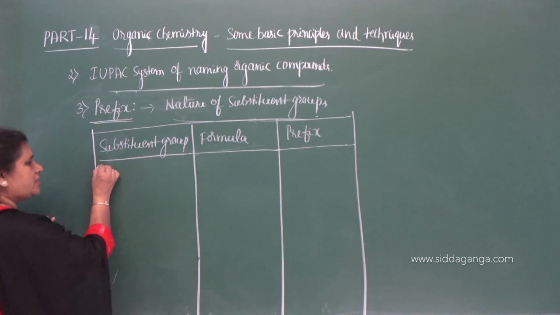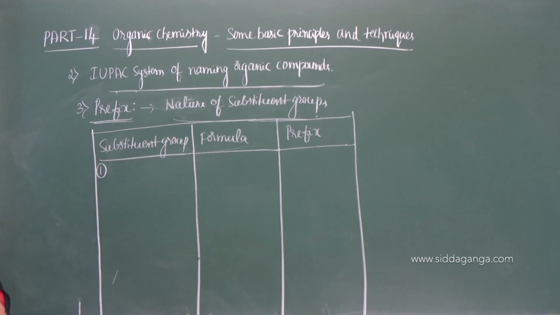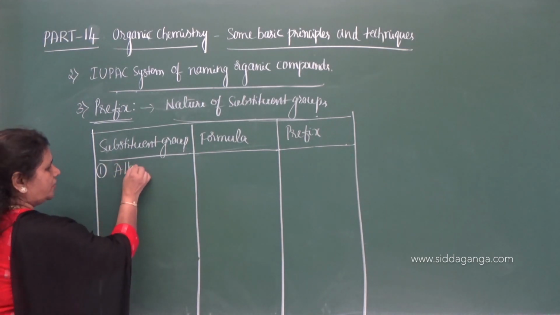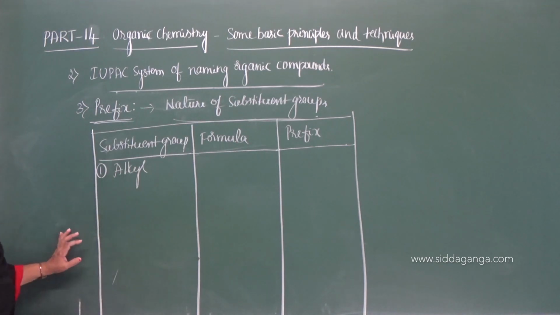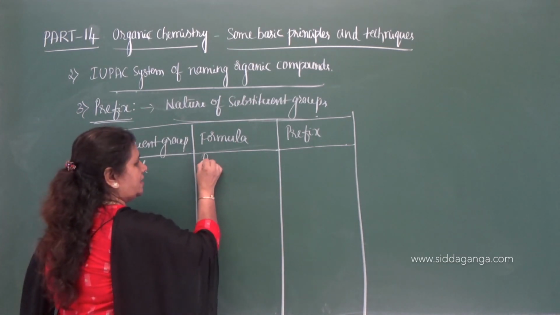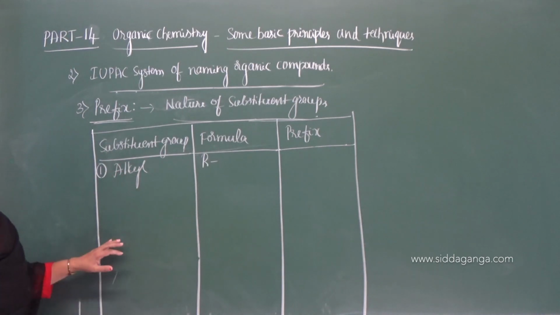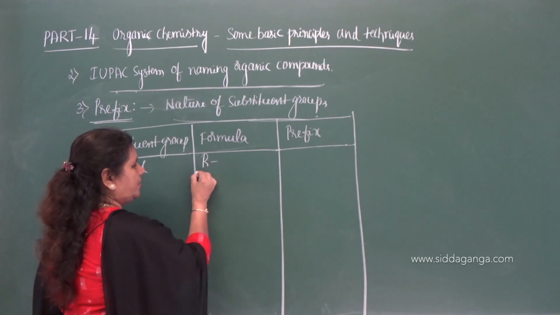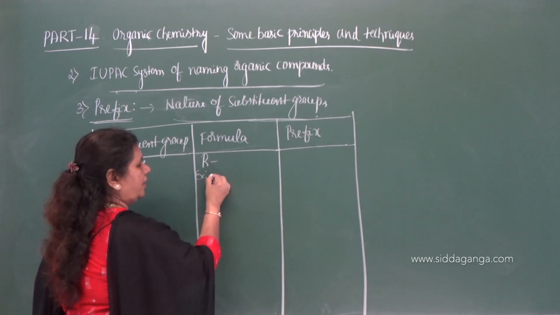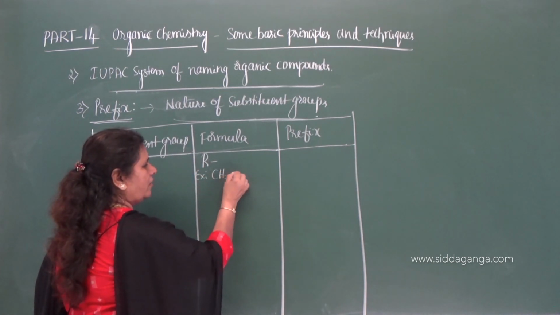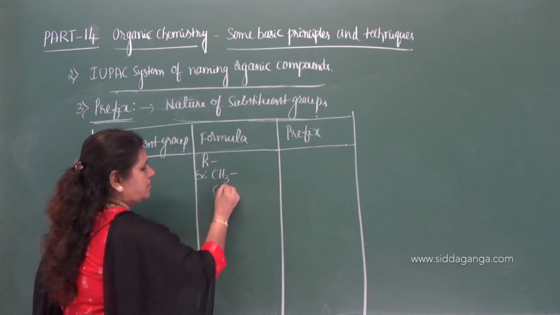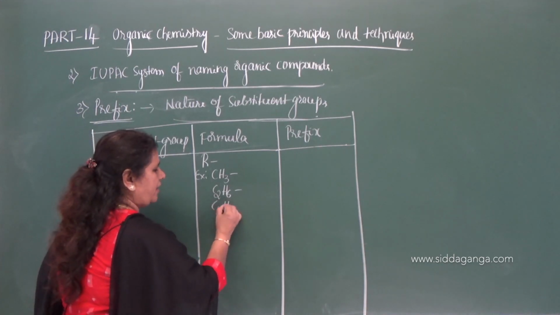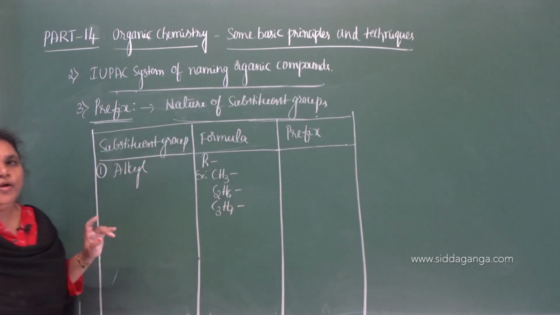So, the first substituent group, a very important substituent group, is the alkyl substituent group, and it is represented by R, capital R. So, the alkyl substituent group formula is R. Let me give the example here, that is CH3 obtained from methane, C2H5 obtained from ethane, C3H7 obtained from propane.